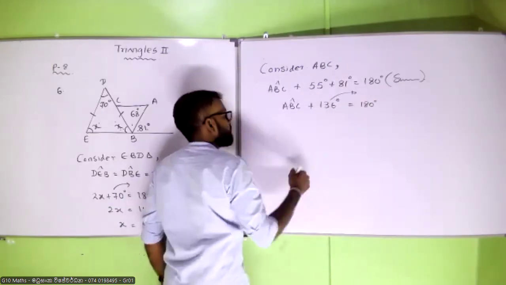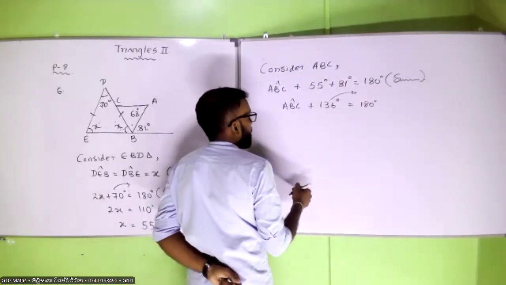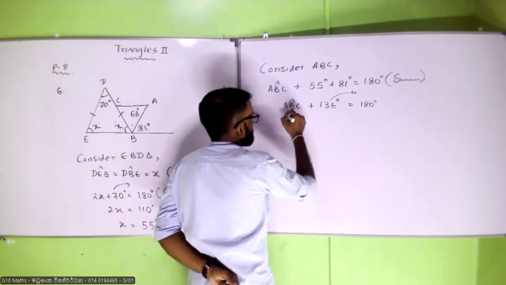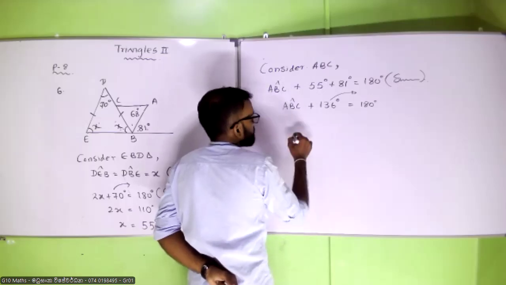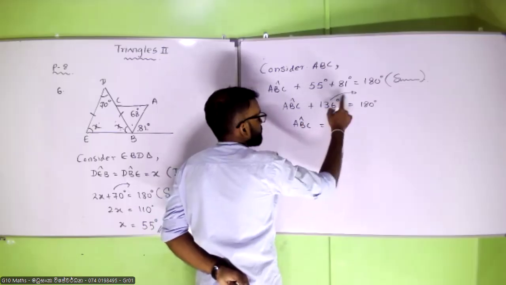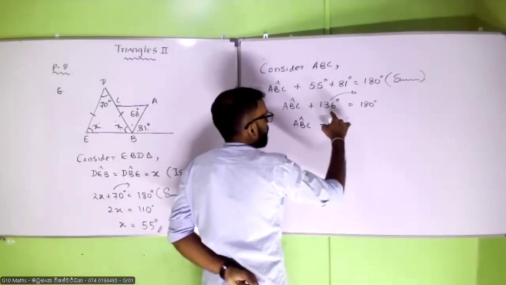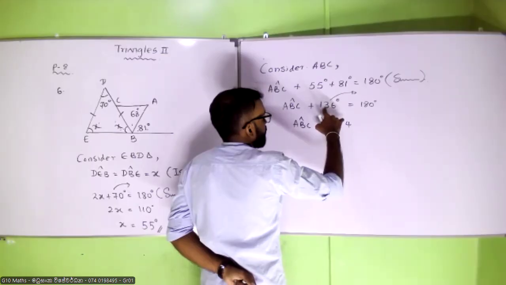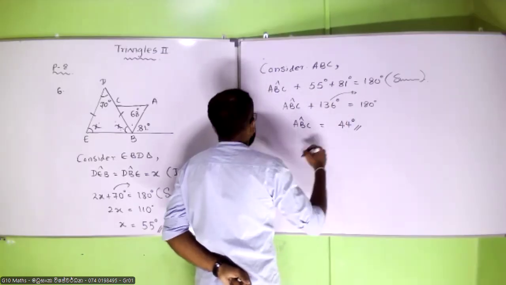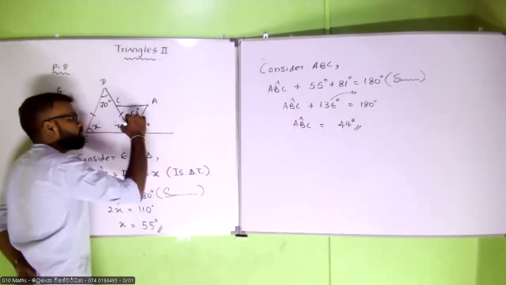Take this to the other side: angle ABC equals 180 minus 136, which is 44. ABC is 44.